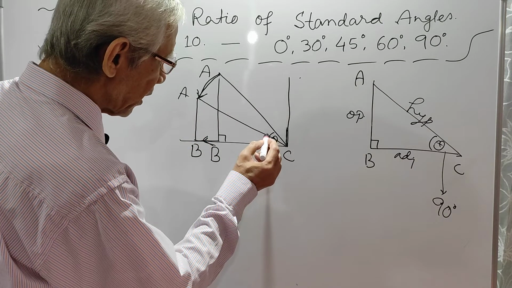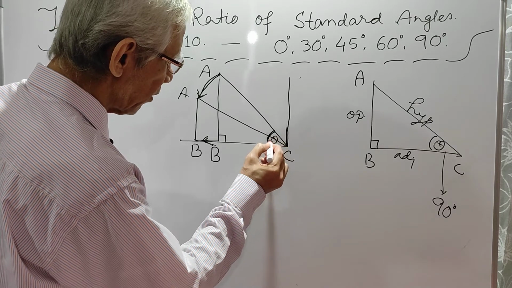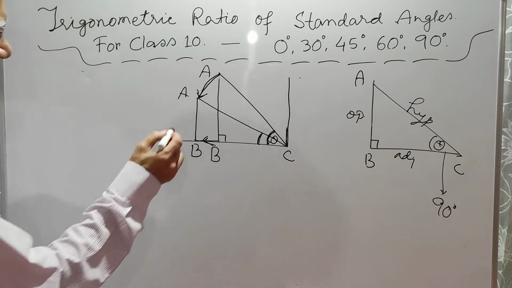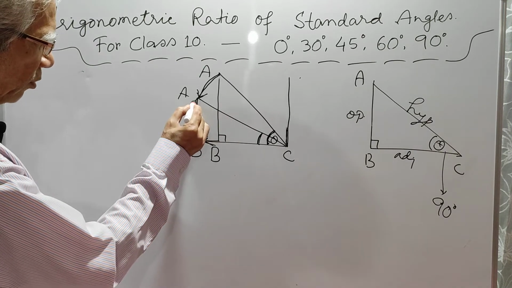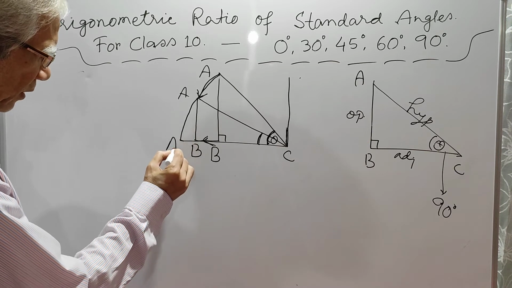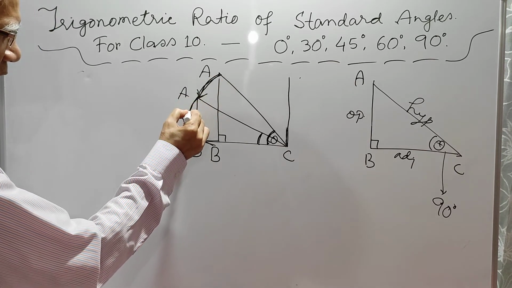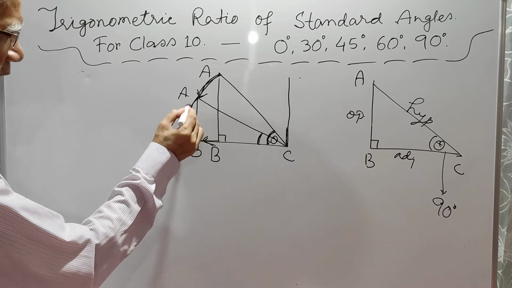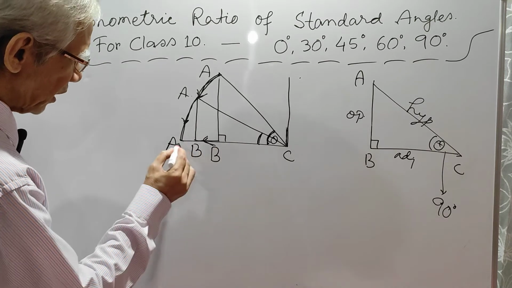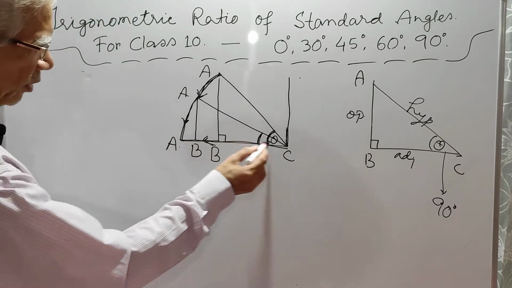Now, what is the angle? See, the angle has decreased. This was the original angle theta, now this is a new angle theta. That means the angle has decreased. Now if you go on moving A and finally bring A to this position, then this will be the new AC.